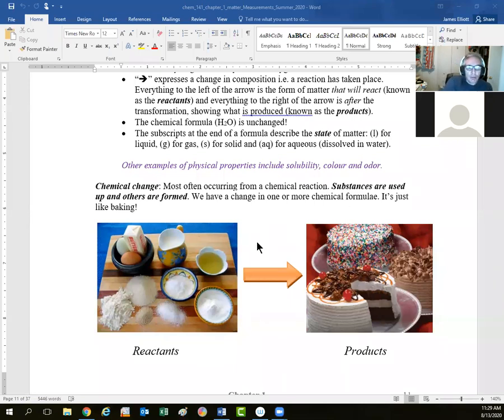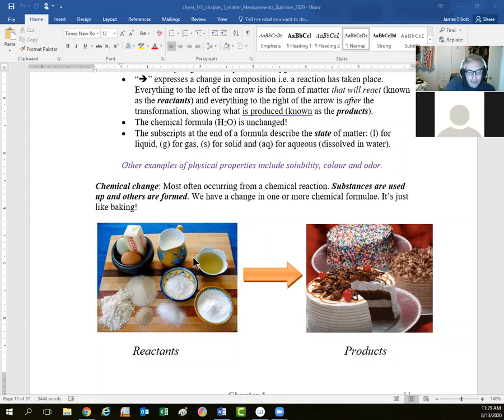So when we're dealing with a chemical reaction, on the other hand, there is a change in chemical formula. That might involve a change in state as well, but more importantly, there's chemical change. And it's really just like cooking.